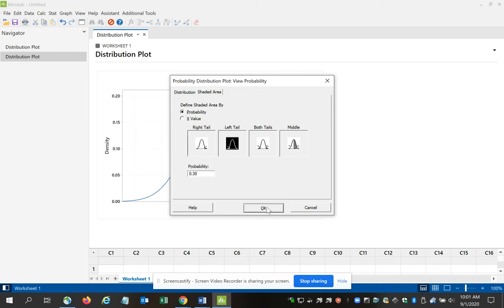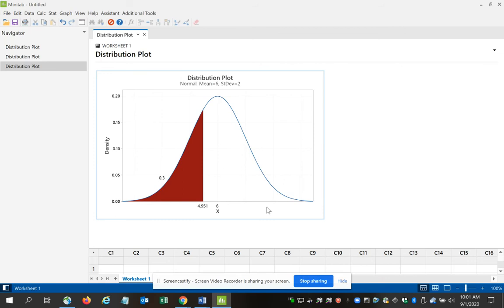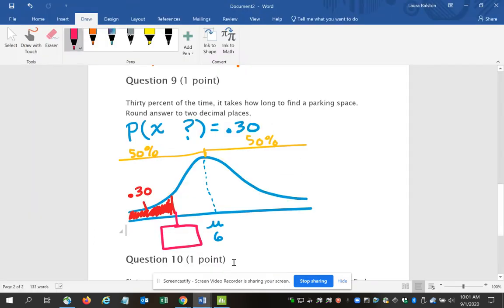Then we click OK. And we see that my shaded red region is 0.3, and we get 0.4951. So this number here would be 4.95, because it asks us to round to 2 decimal places.